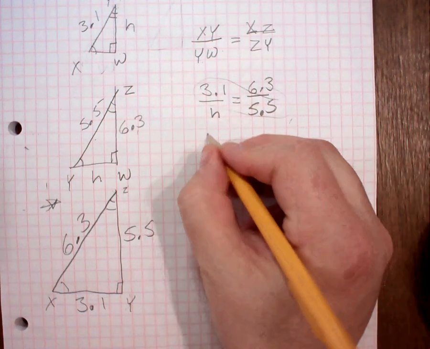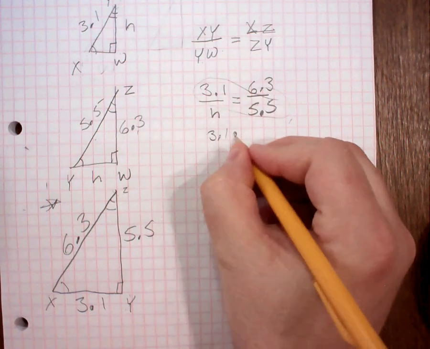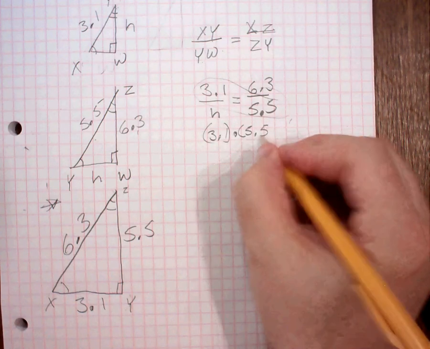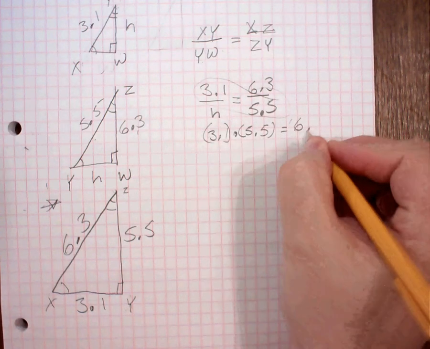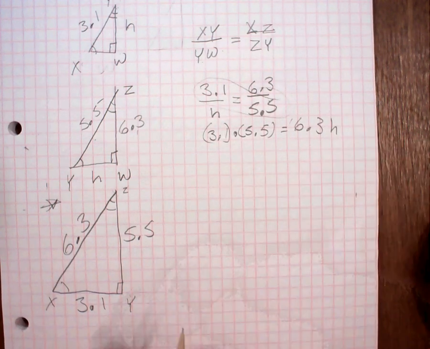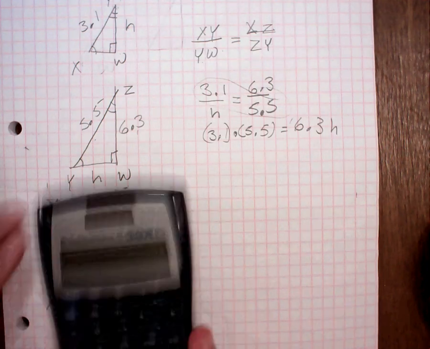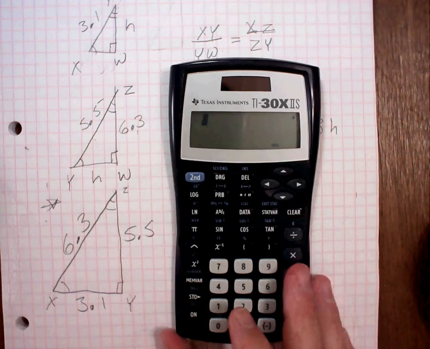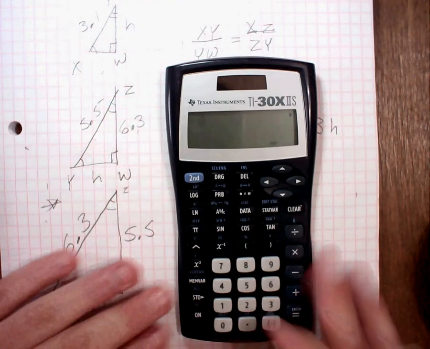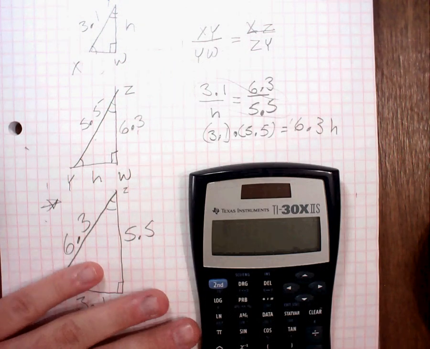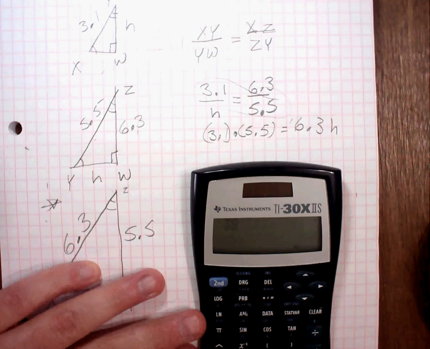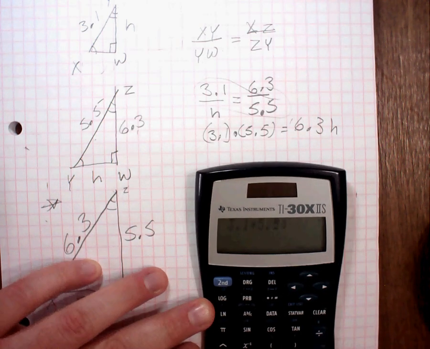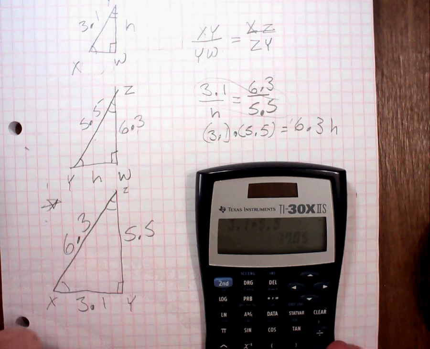I'm going to get 3.1 times the quantity 5.5 and set that equal to 6.3 H. Get out my handy dandy calculator. And I'm going to plug in 3.1 times 5.5, and I get 17.05.